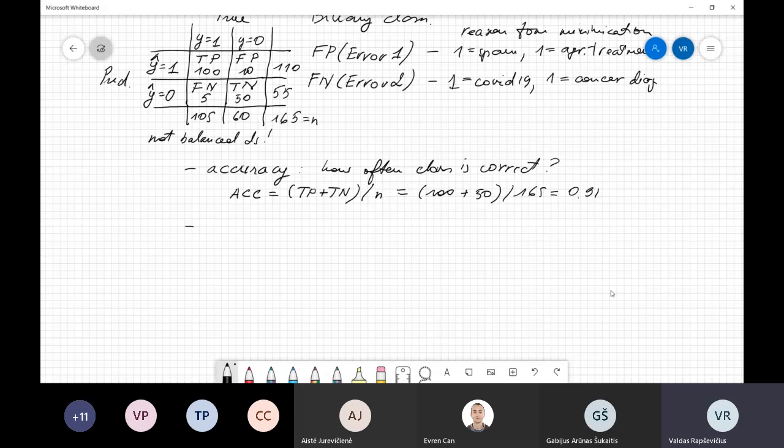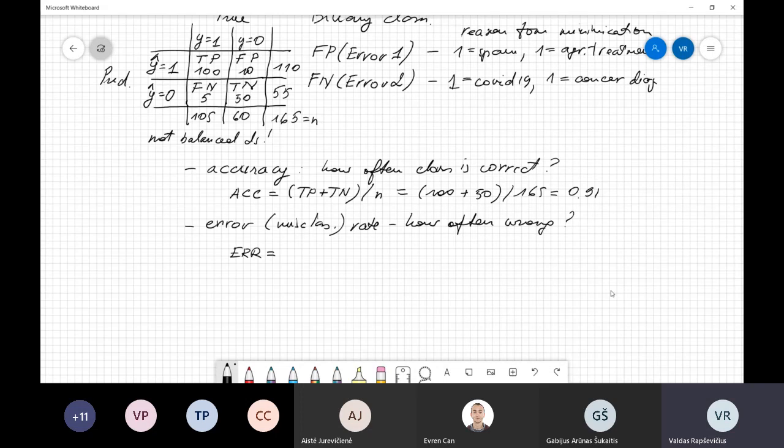The other metric is the so-called error or misclassification rate, or error rate. It answers the question, how often are we wrong? It is equal to 1 minus accuracy, or we can sum up false positive plus false negative divided by n.